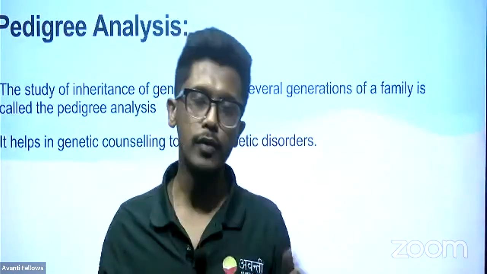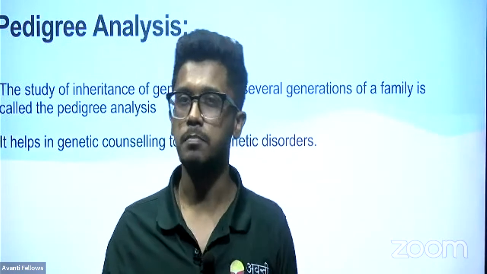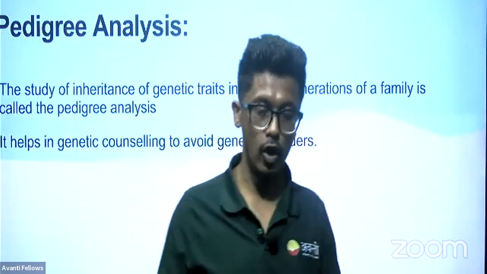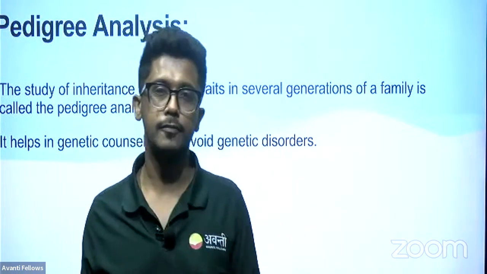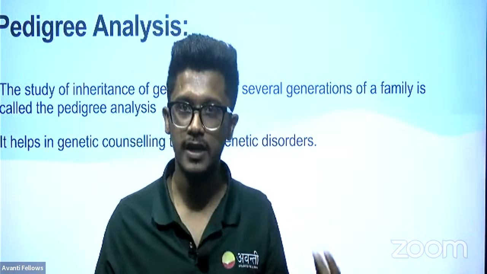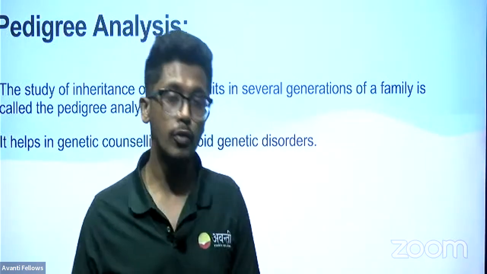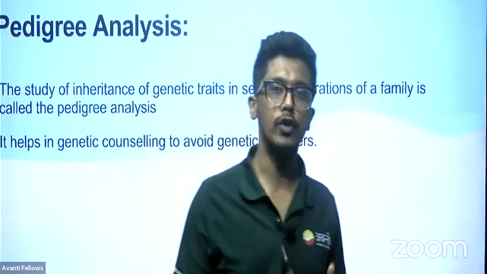So why do we do this? In normal cases, it does not give us much output or evidence. But if you target a specific character, a specific disease, a specific genetic trait, then it becomes very easy to see what we are looking at, correct?